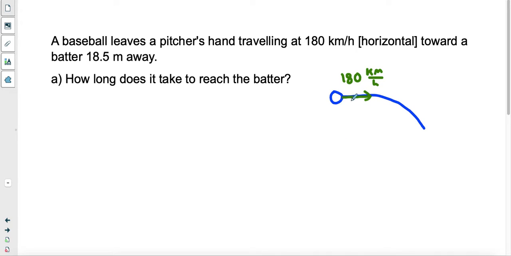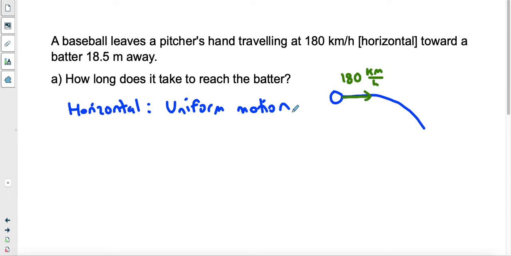The horizontal component, when you're dealing with projectile motion, is always going to experience uniform motion. That means we can use our formula, speed is equal to distance over time, to help us solve this problem.